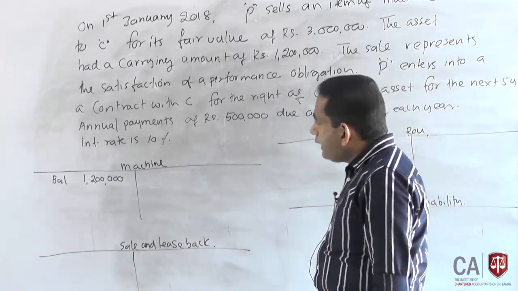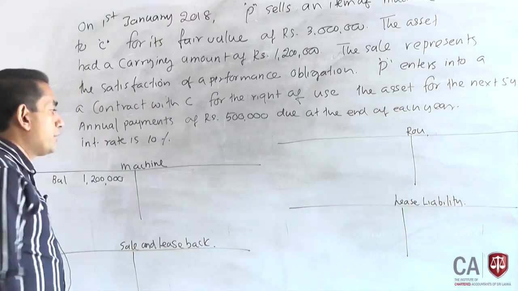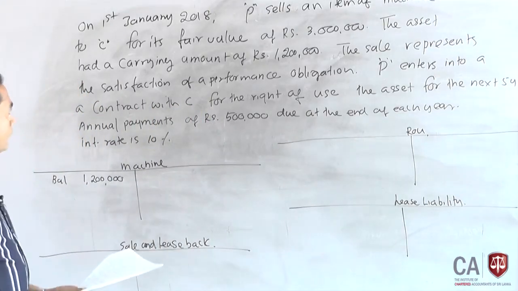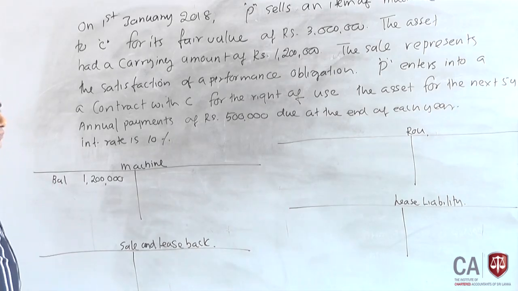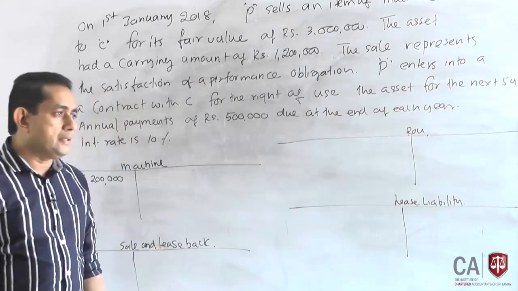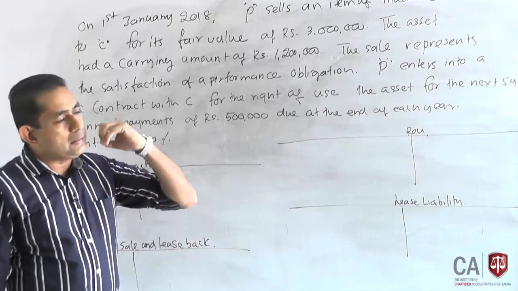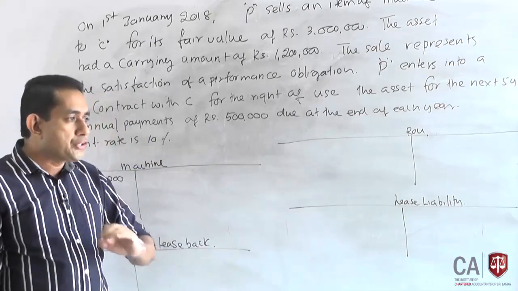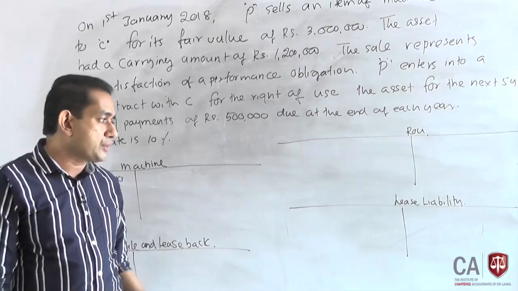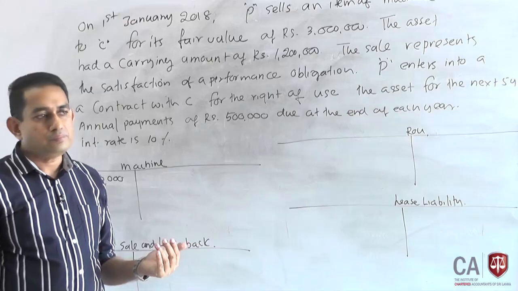Now, here you need to interpret the transactions in a different way. Selling price has been 3 million rupees, but if you gave the asset to the buyer and did not take the right to use, it's a completely genuine absolute sale transaction, and then you can completely take the asset out of the books.